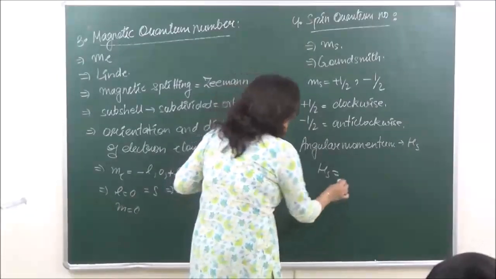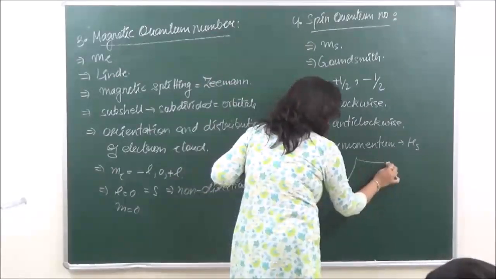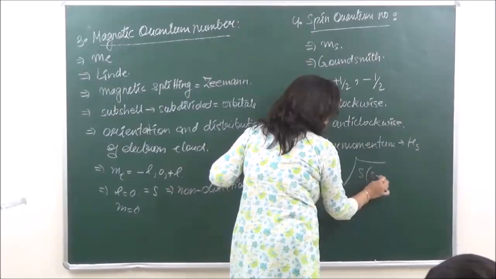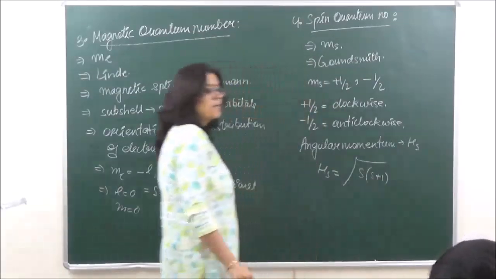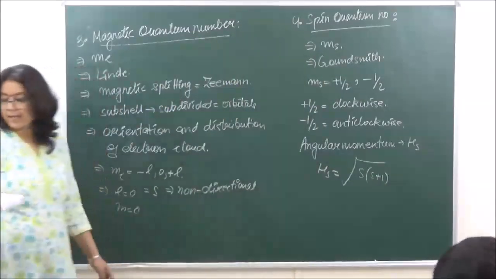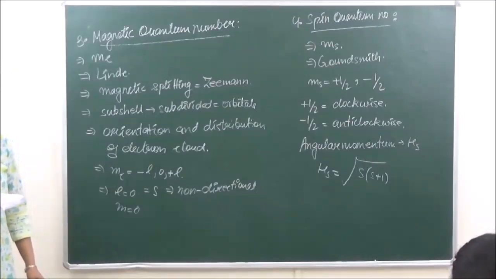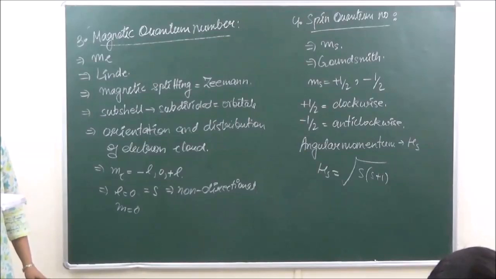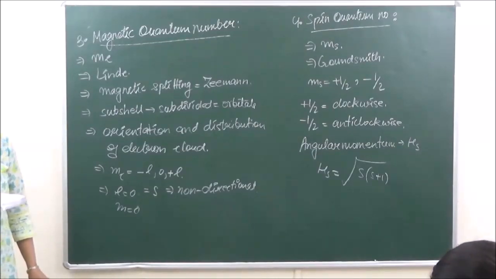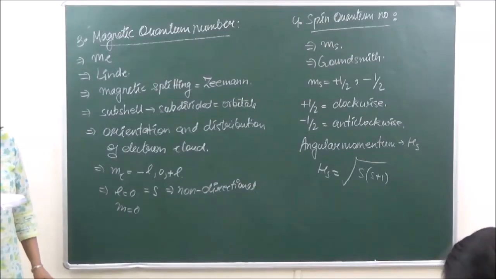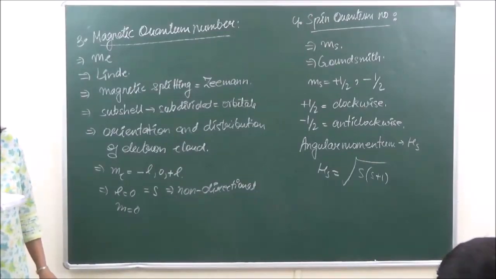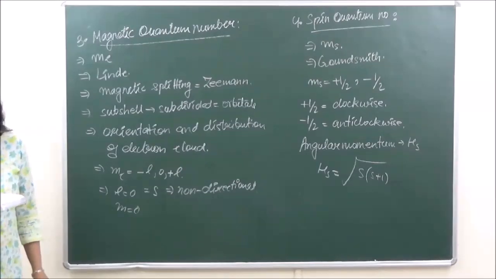Mathematically, mu s is equal to under root of s into (s plus 1), where s is equal to the number of unpaired electrons.